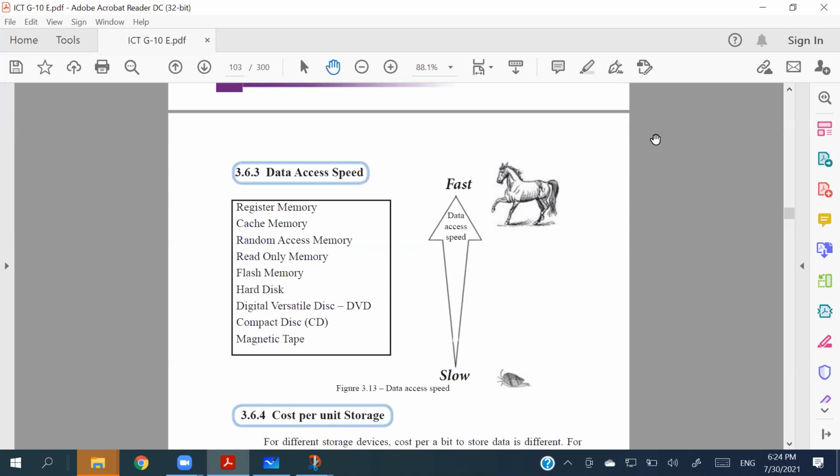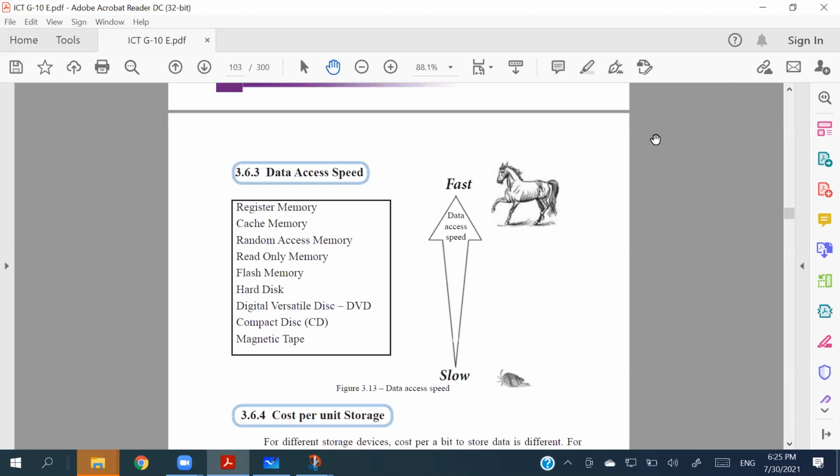The one who has the highest speed is the one who spends the lowest time, right? So it goes like that, right? It's better you concentrate on that as well. The one who is the fastest spends the lowest time to take the data, right?